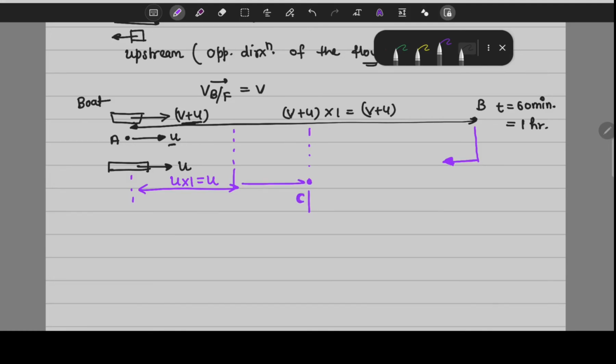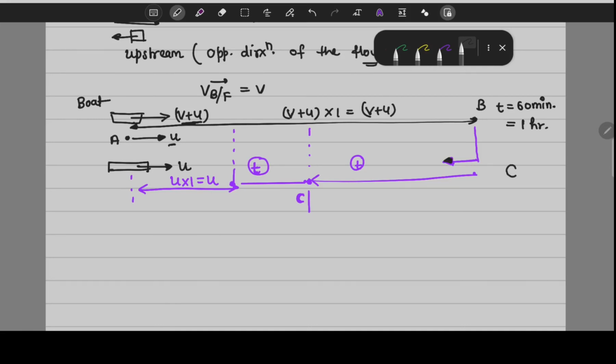So the raft will come in t time from this point to this point, and the boat will come from this point to this point in t time. Okay, now what is the distance traveled by the boat here? It is what is the velocity in this direction.